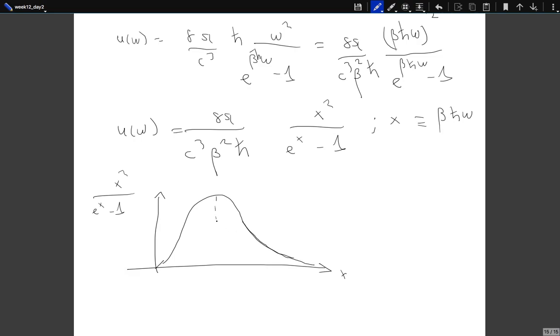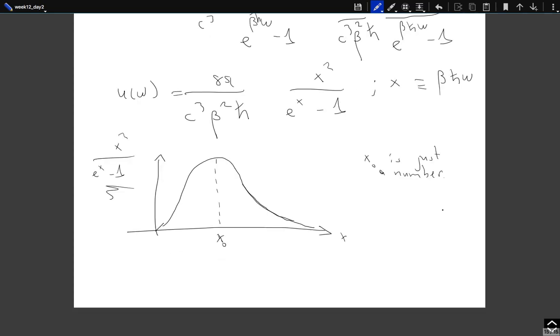And it has essentially a maximum at some x0. This x0 is just a number. You see, if you look at this function that I'm plotting, there are no parameters there. x0 is just a numerical value, whose value you can just look up.